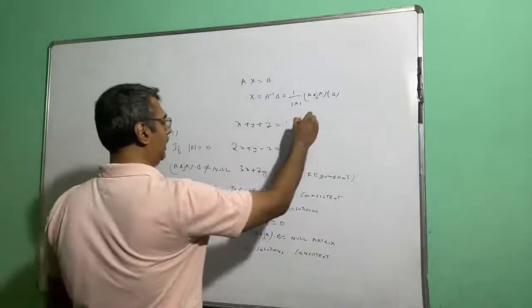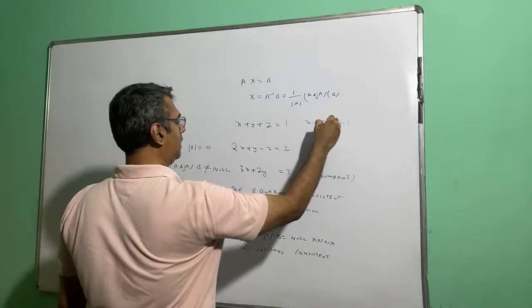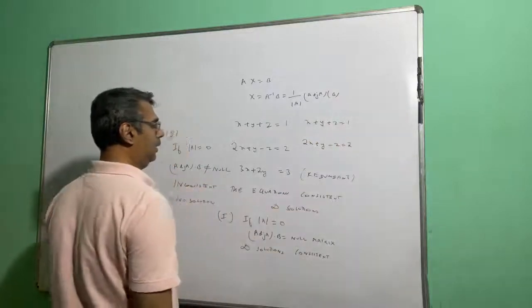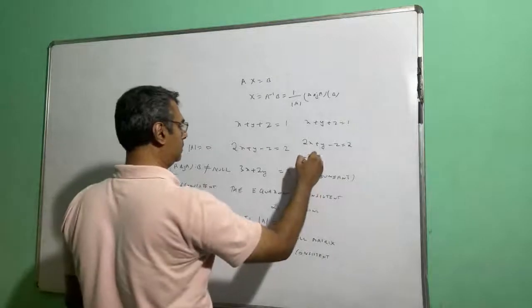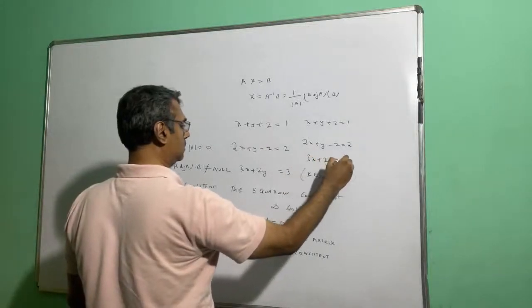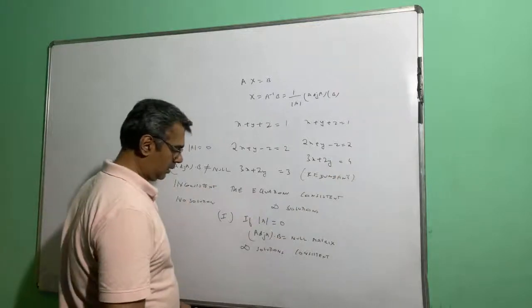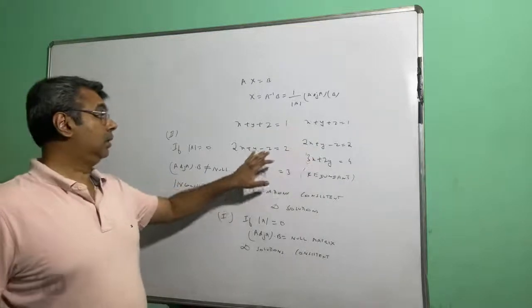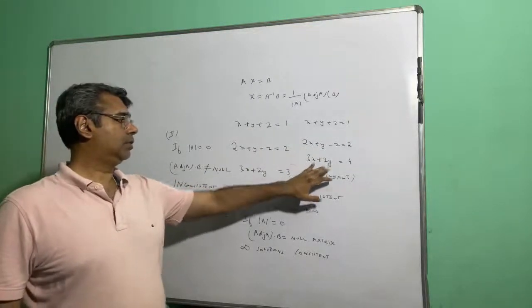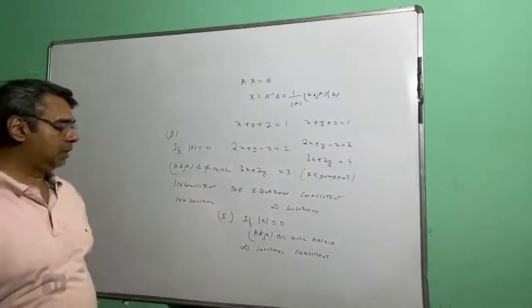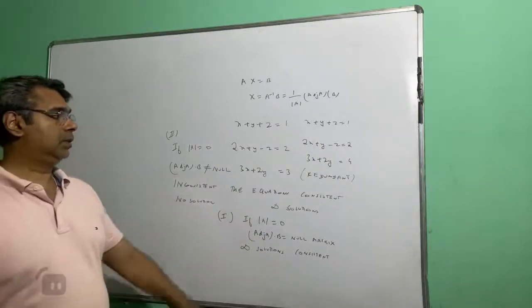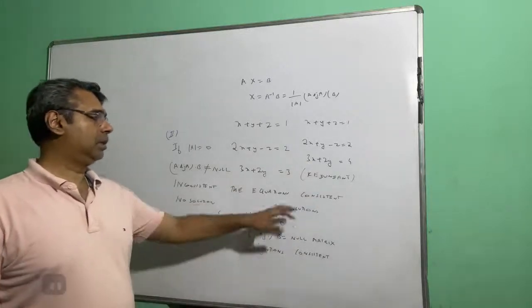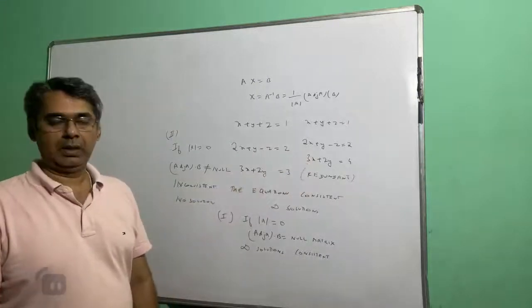For example, if I have x plus y plus z equal to 1, 2x plus y minus z equal to 2, and 3x plus 2y equal to 4, then these three equations will be inconsistent because the third equation is violating the first two.